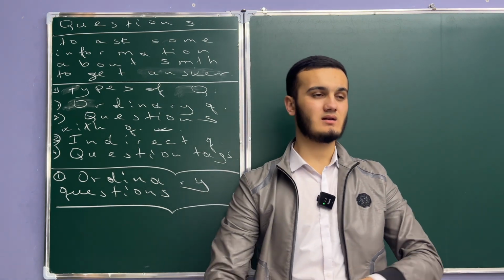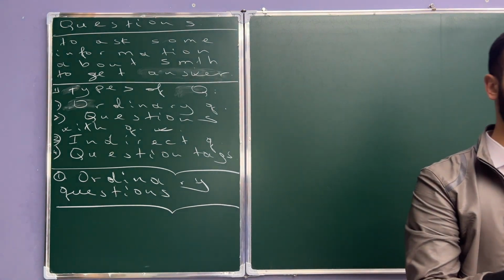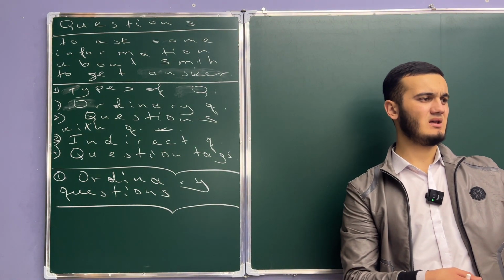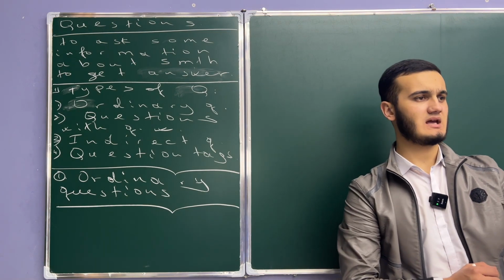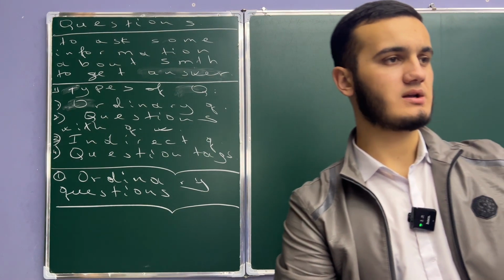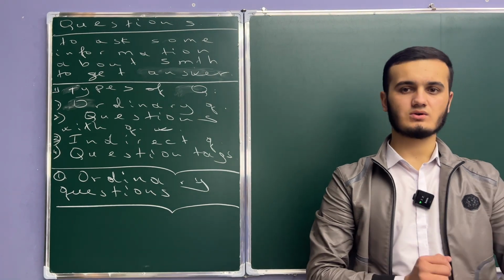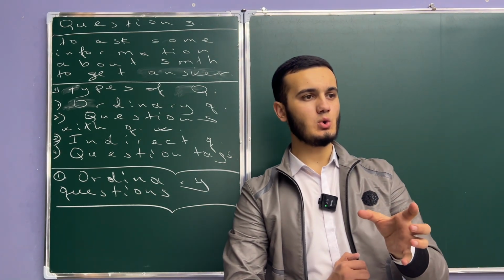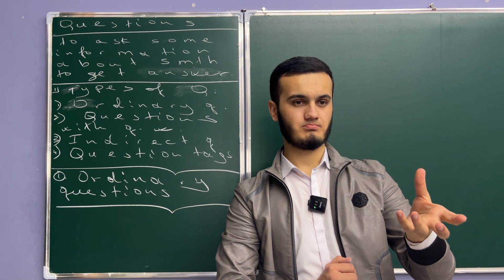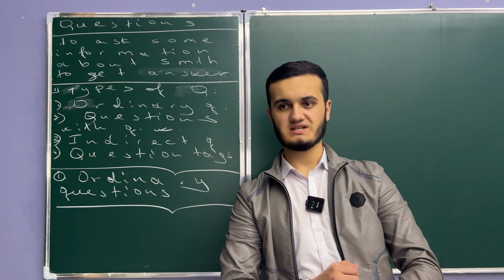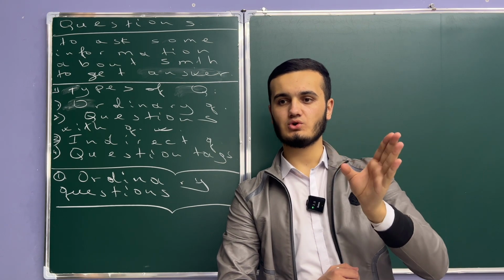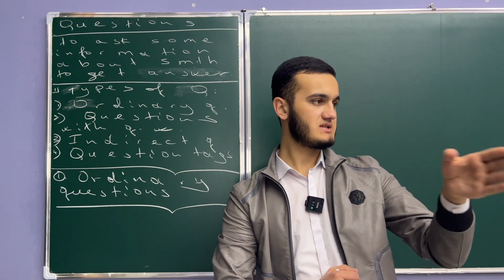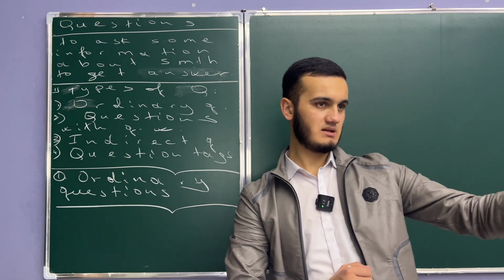I mean the general verb tenses, they may be passive or active, or other sentences with the help of modal verbs are considered as ordinary questions. In order to do so, we change the position of the auxiliary verb or modal verb before the subject. We put them in the beginning of the sentence.